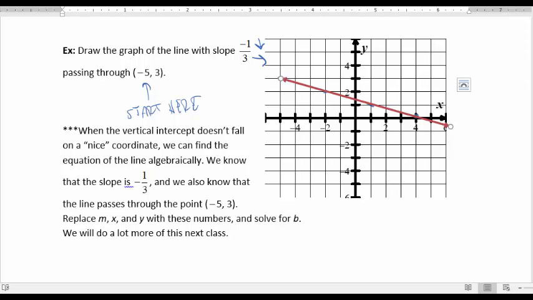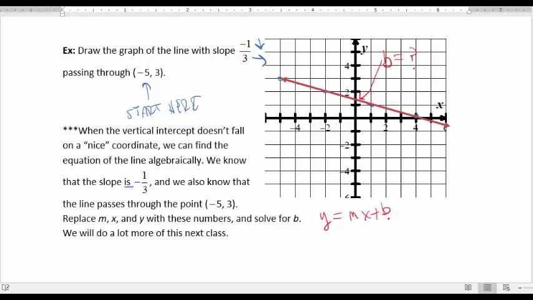So we connected, but now the problem with this line is we can't tell what the y-intercept is, right? It doesn't land exactly at an integer value. It's somewhere between 1 and 2, but we can't find it exactly. So what we can do is use that little technique that we had used previously to find the equation of a line. We can just write y equals mx plus b.